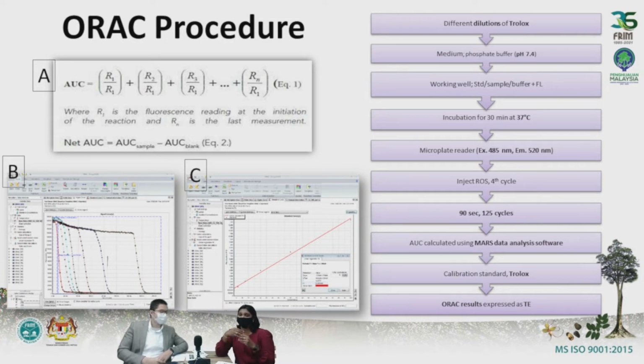So when we are doing the assay in a high throughput format, usually you use a 96 well plate and you need to calculate the 125 cycles for 96 wells. So it's a total of about 12,000 areas under the curve that you need to calculate manually. Yeah, so that's definitely quite a challenge.